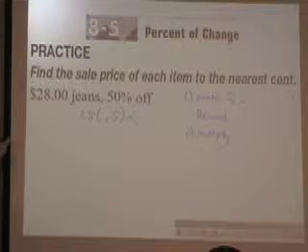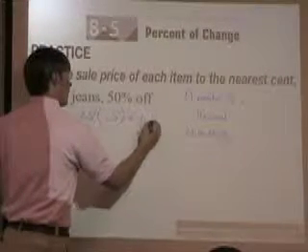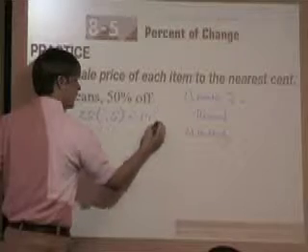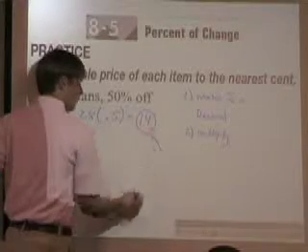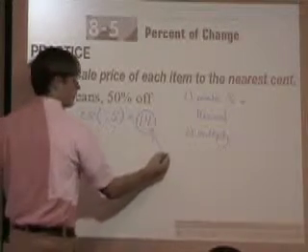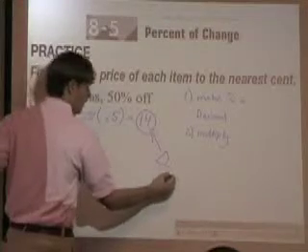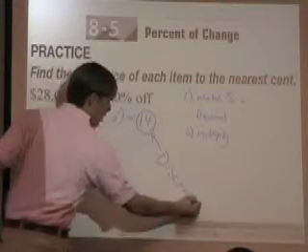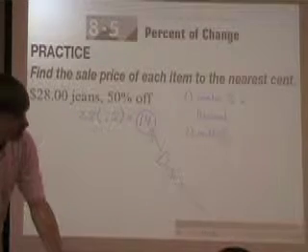Okay. Now this $14 is called your what? Discount. Jeremy, how can it be the markup if it's going down?